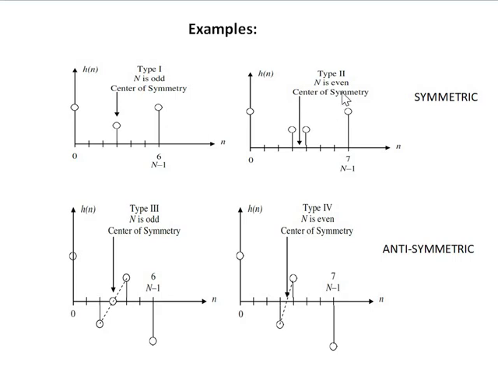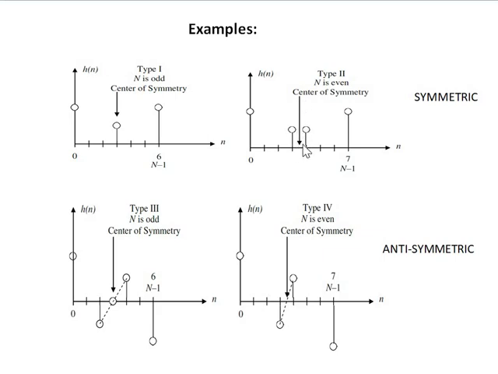And coming to N even, this is an example. Here I am taking N as 8. Now 0 to 7 impulses are there, and here the center of symmetry is this one. Center of symmetry means this is the demarcation line, and above that line and below that line, the impulse magnitudes are equal.